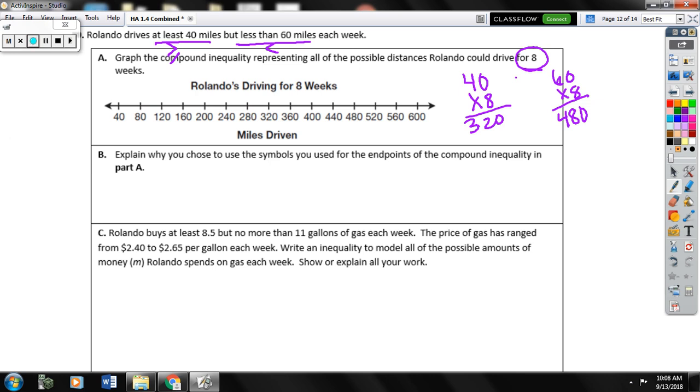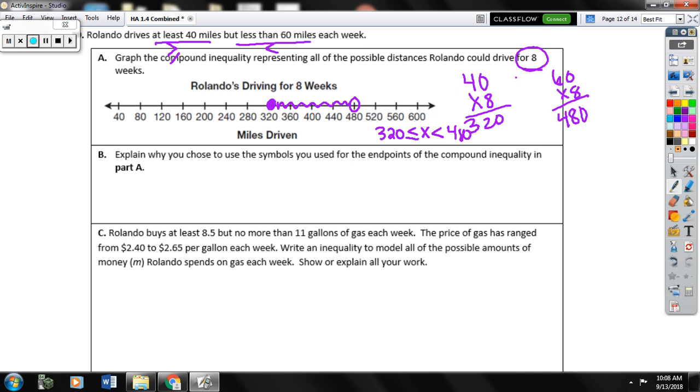And so our compound inequality would be 320 is less than or equal to x, which is less than 480. And we'll plot those, 320 getting a closed circle, 480 getting an open circle, and shading in. So you're always looking at the min possible value and the max possible value, and then looking at the values in between.